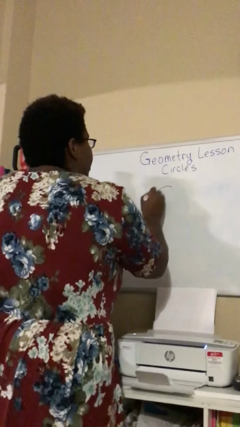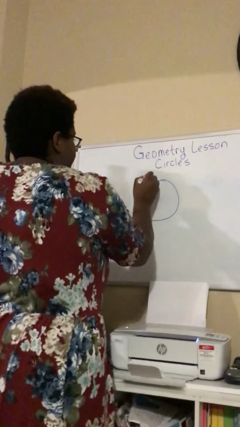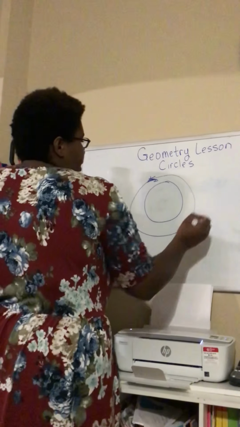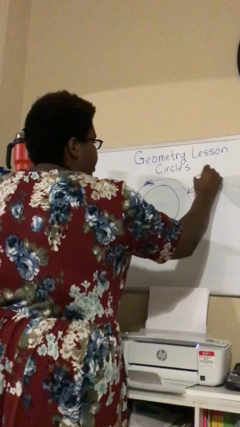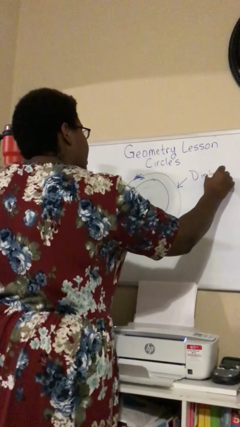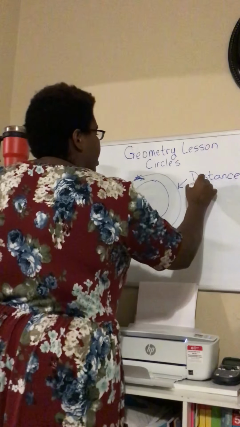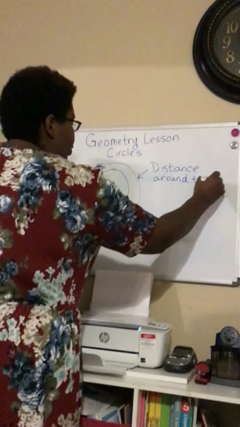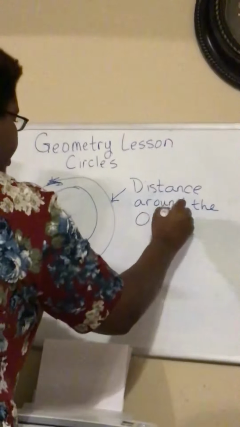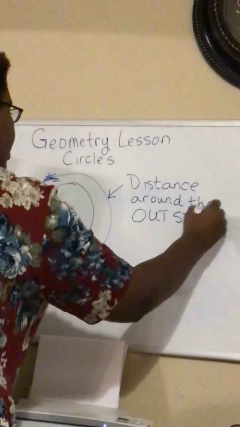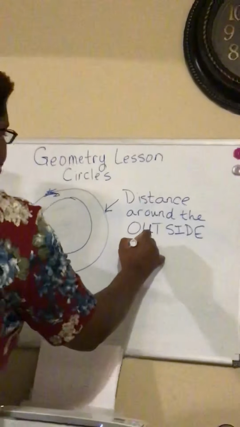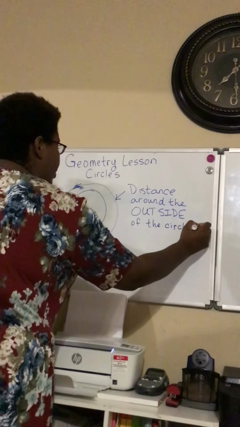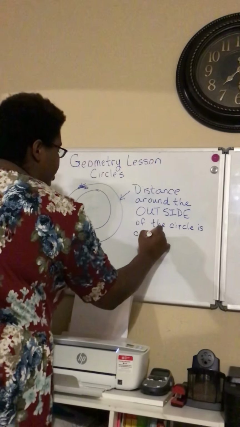The distance around the outside of a circle, and the important word here is outside, is called the circumference.